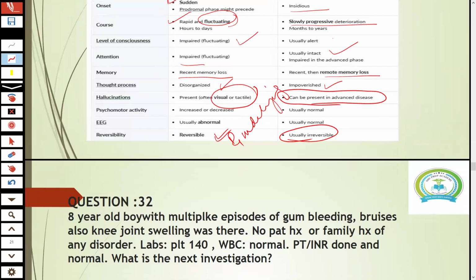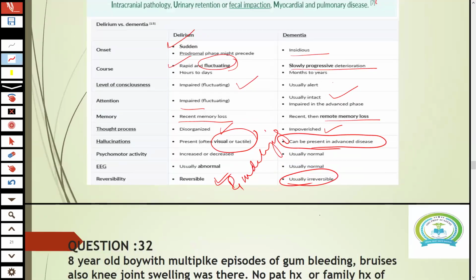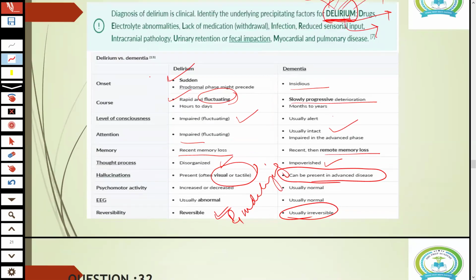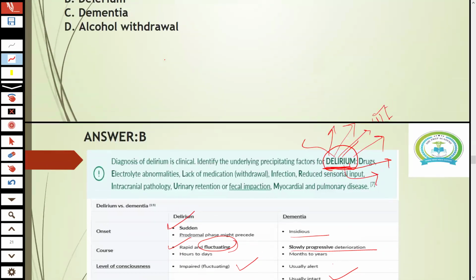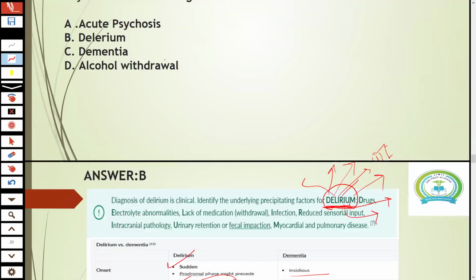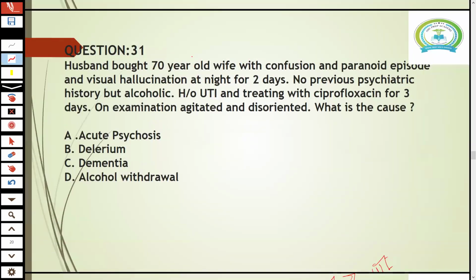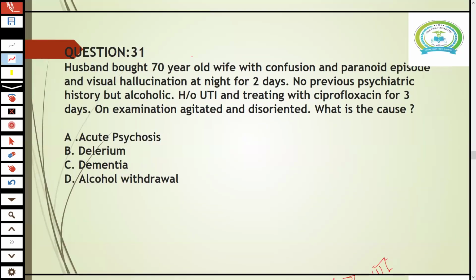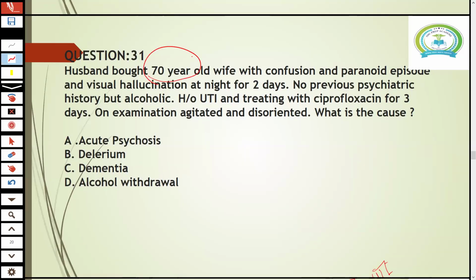Dr. Sunny asks, why not alcohol withdrawal? Because here they are clearly pointing you towards one clue, which is the age. Whenever they mention an elderly patient with UTI, think of UTI-associated delirium. The other thing is that she has a history of alcohol use, but we don't know whether she had stopped it or not.